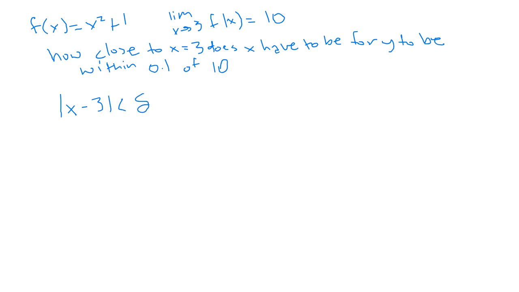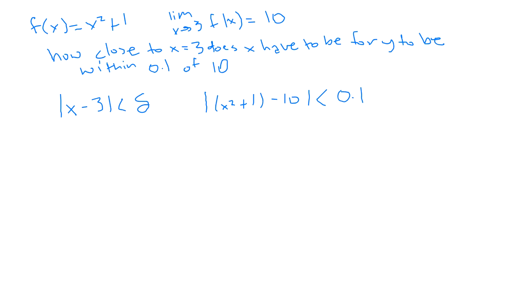And we also know that we have our |f(x) - L|, which is |x squared plus 1 minus 10|, where 10 is our L, is going to be less than some epsilon. But we already defined our epsilon as being 0.1, since epsilon is our distance from our limit. So we can just plug in our 0.1.